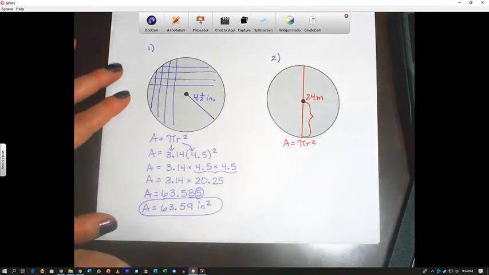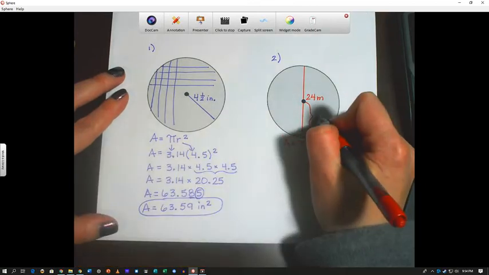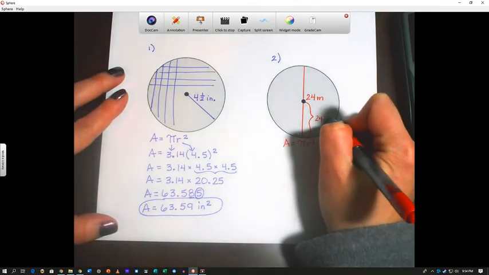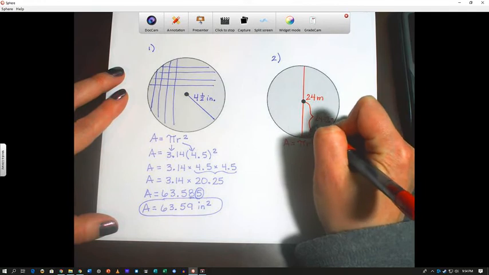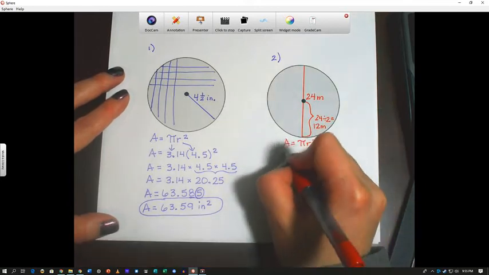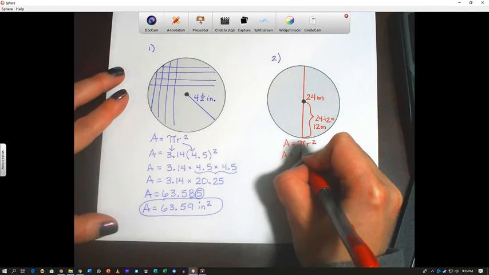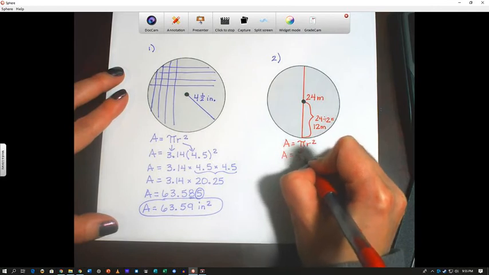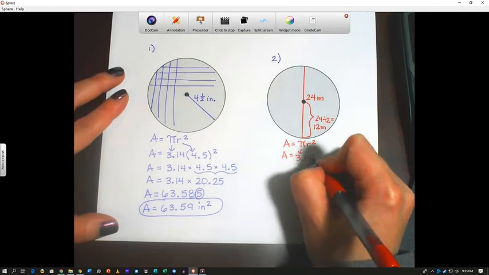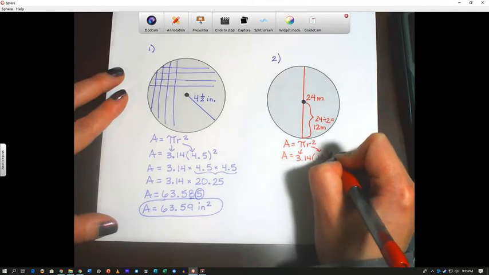Well, I know the radius is half the diameter, so half of 24 is going to be 12 meters. So now I know the radius, and I can plug that into my formula. So the area is pi, which is 3.14, times the radius, which is 12, and we're going to square that.